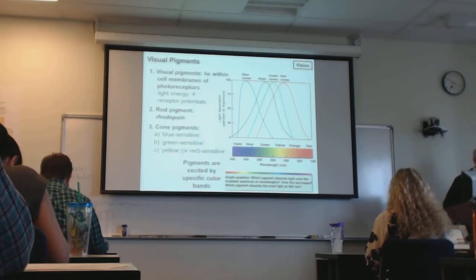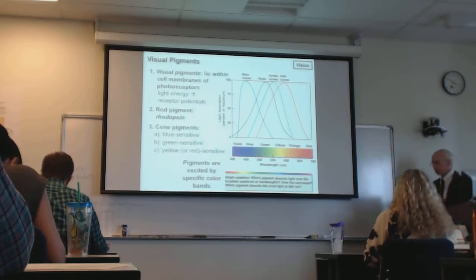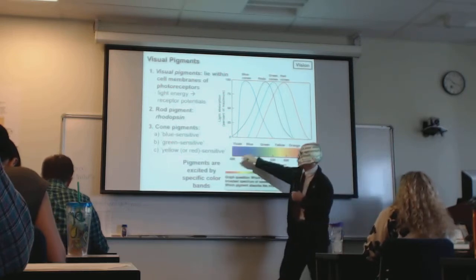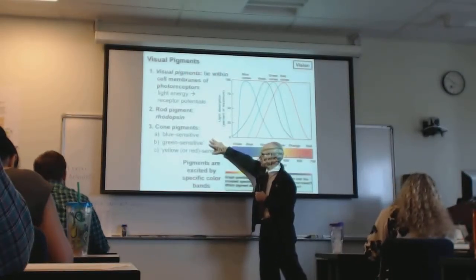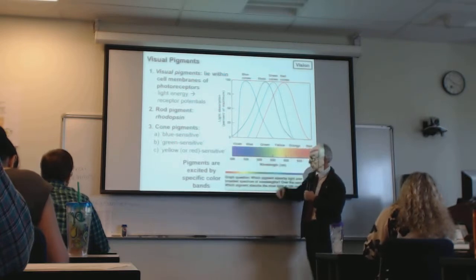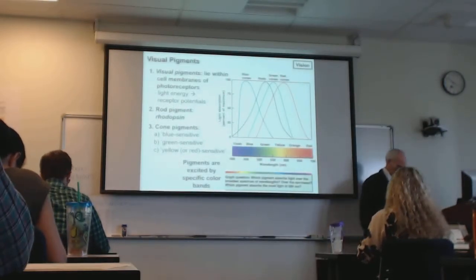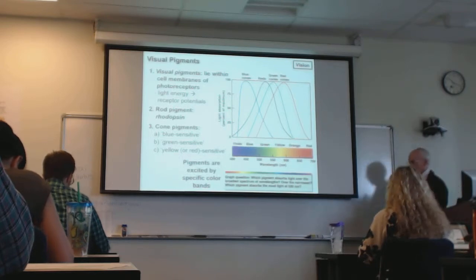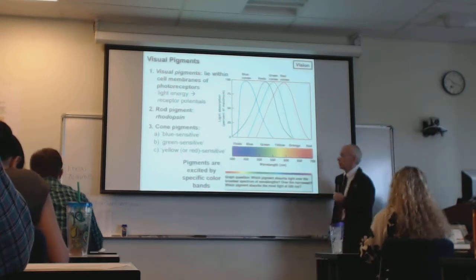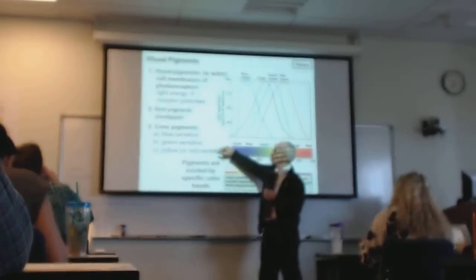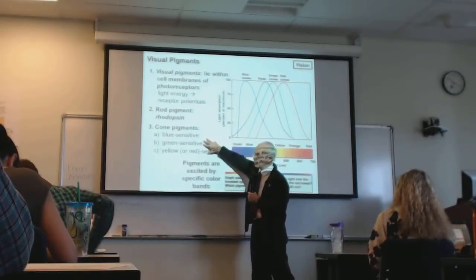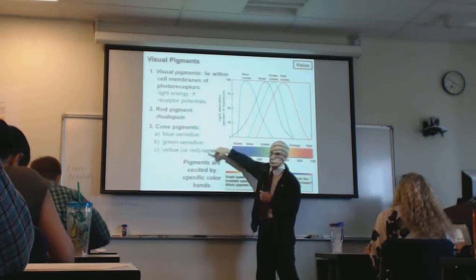The pigments in the various, especially cone receptors, are sensitive to generally three different wavelengths. We can call them blue, green, or yellow. Experts use a slightly different terminology. But the key thing that I would just have you remember is that cones are able to detect colors because they have different sensitivities.